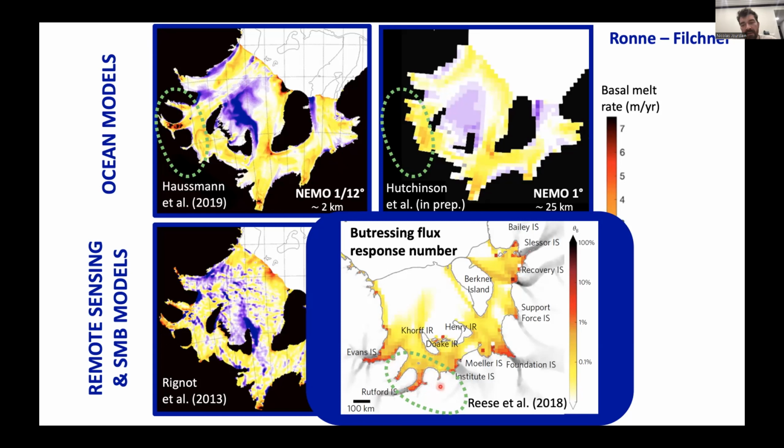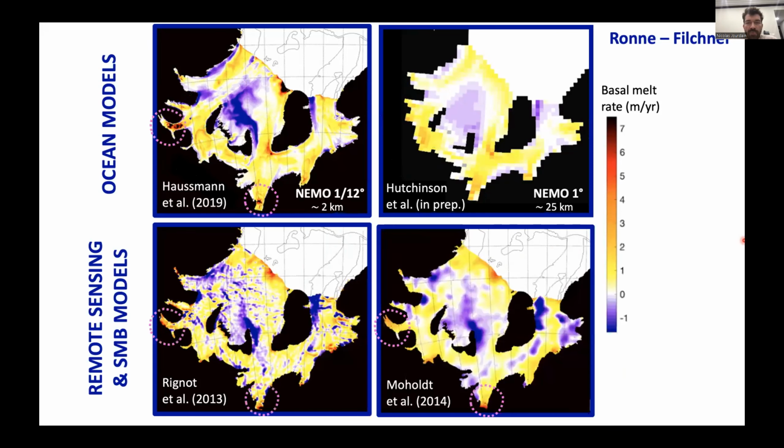So it means that the ice sheet dynamics is very sensitive to melt rates in these narrow channels, but not at all over the rest of the ice shelf. So it means that if the aim is to couple an ocean model to an ice sheet model, 1 degree is probably problematic.